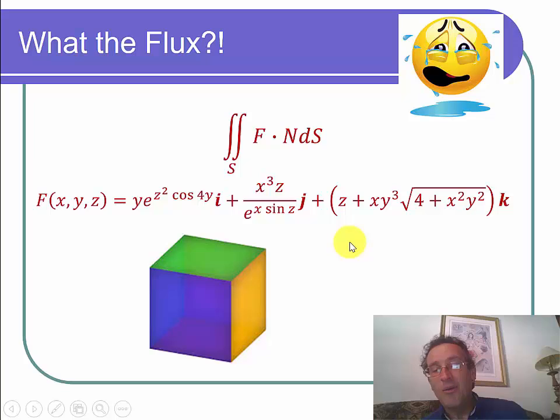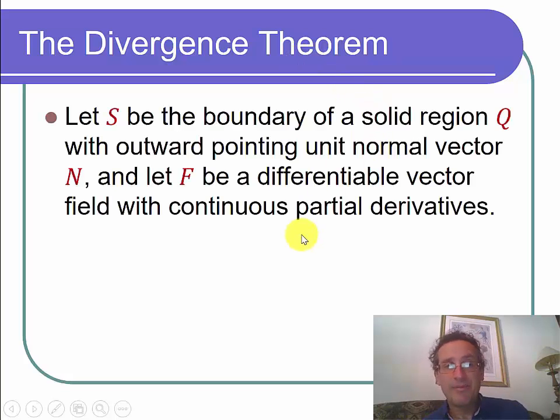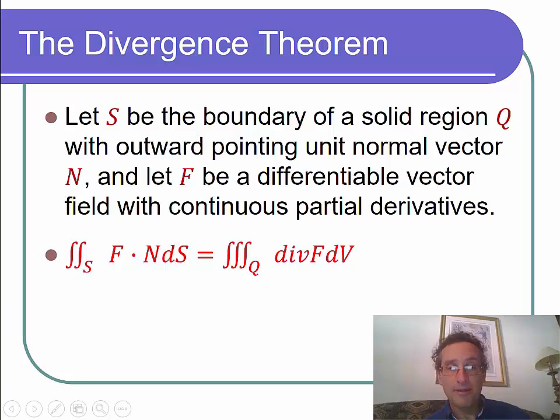But fortunately, we are going to have the divergence theorem come to our rescue. So let's state the divergence theorem. It says, let S be the boundary of a solid region Q with outward pointing unit normal vector n, and let F be a differentiable vector field with continuous partial derivatives. Then we can say the following.